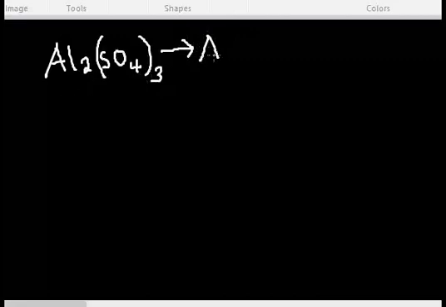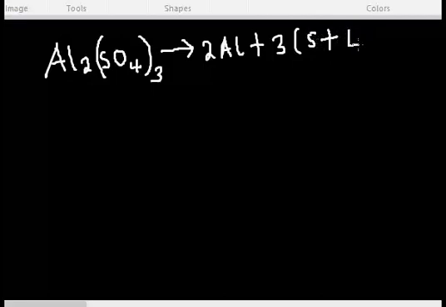This is actually made up of 2 atoms of aluminium, then 3 atoms of, bracket open, sulfur plus 4 atoms of oxygen.